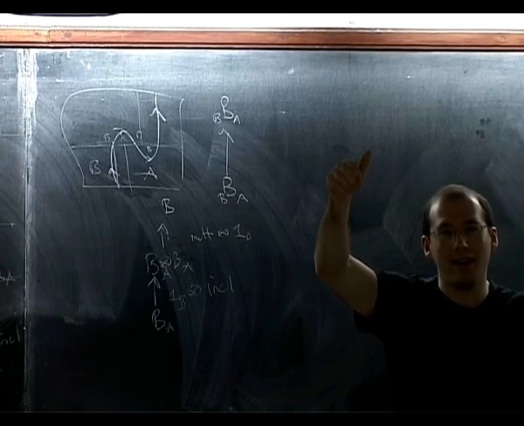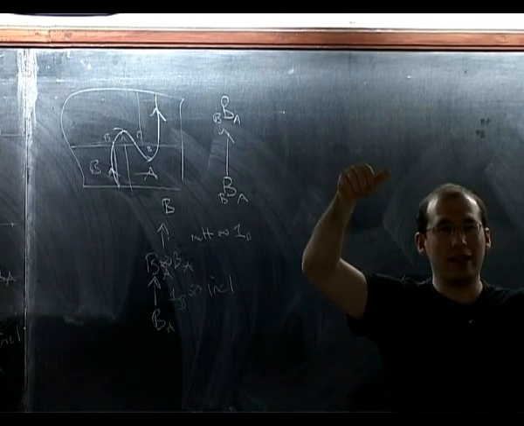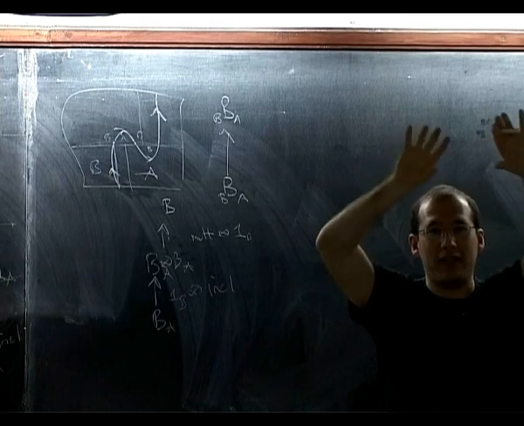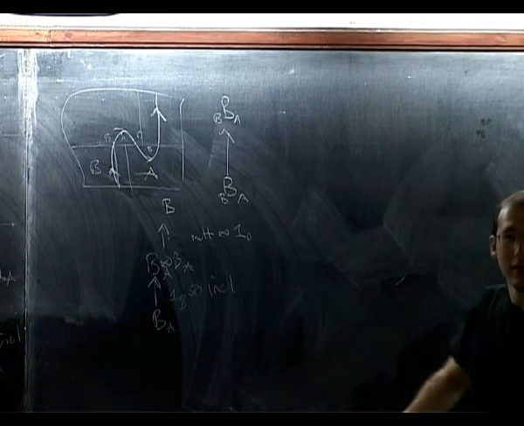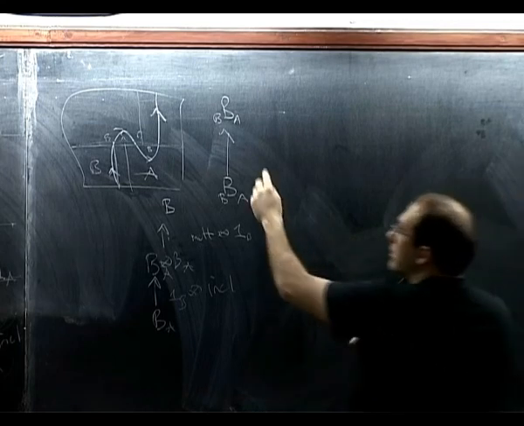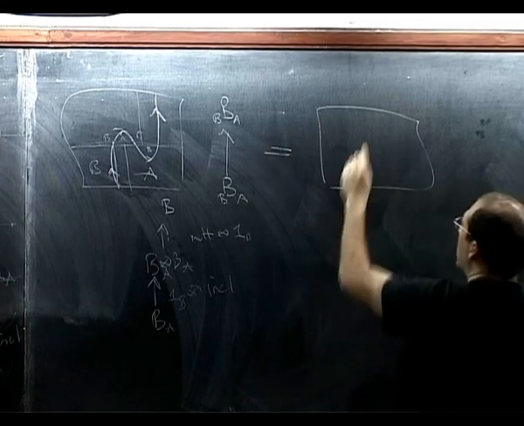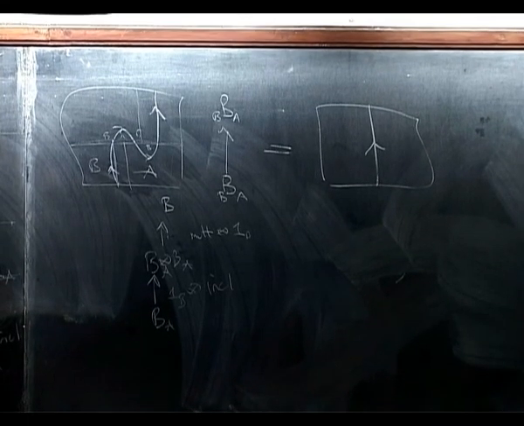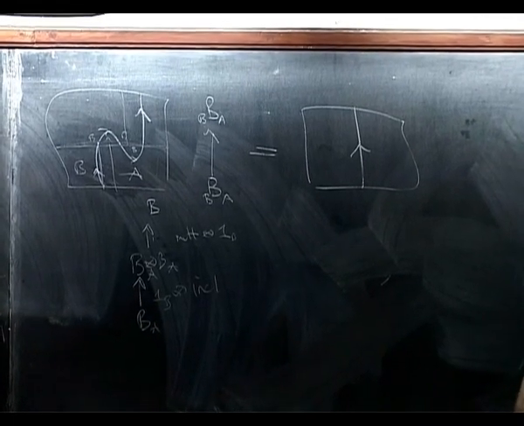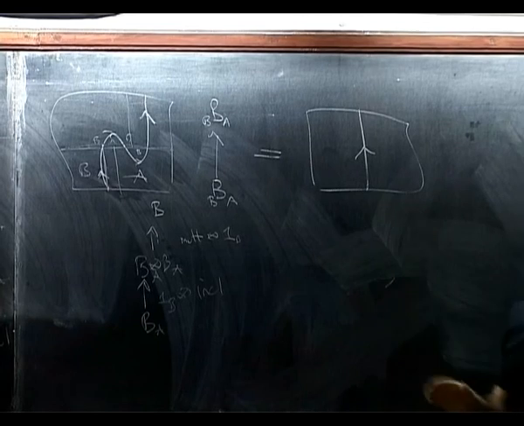B tensor 1. So we have an element F, say. It goes to F tensor 1, and then we multiply them. This sends F to F. So this is the identity map. So this diagram is supposed to be equal to this diagram, which is the identity of B. Okay, so we have this relation here.